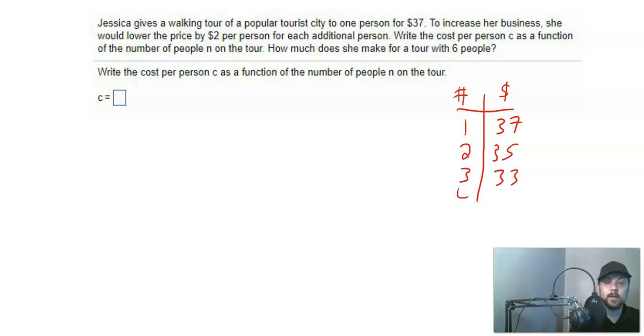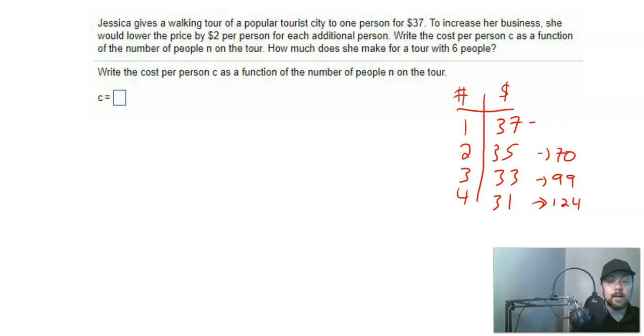They would each pay $33. For 4 people, each would pay $31. And you can calculate how much money she would make in each of these instances, right? $70 here, $99 here, $124 here. So it would increase her revenue as well as giving a discount to people. And this one's only $37.